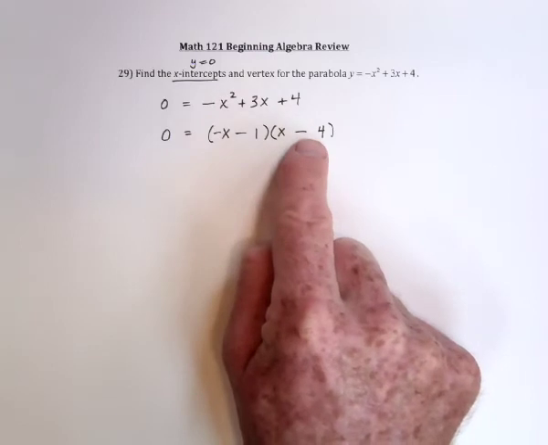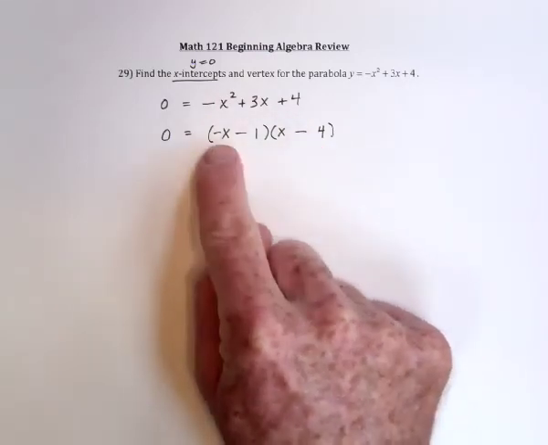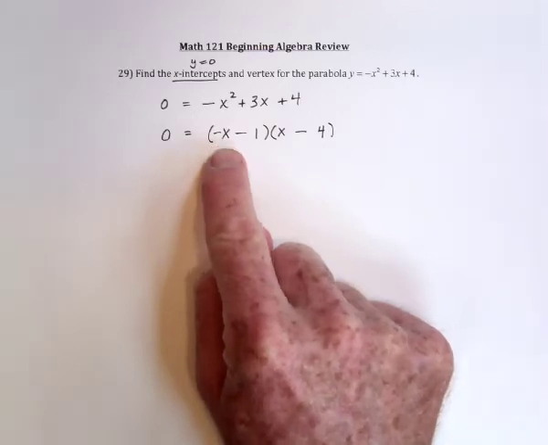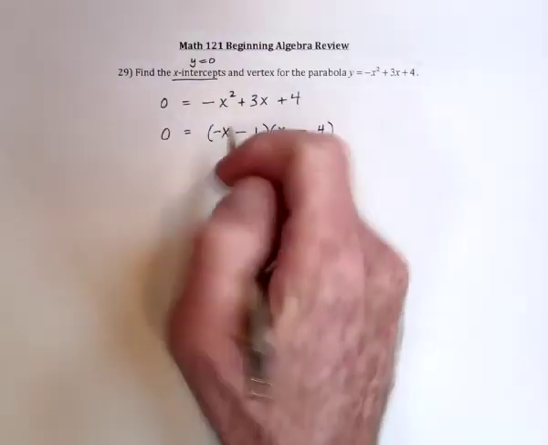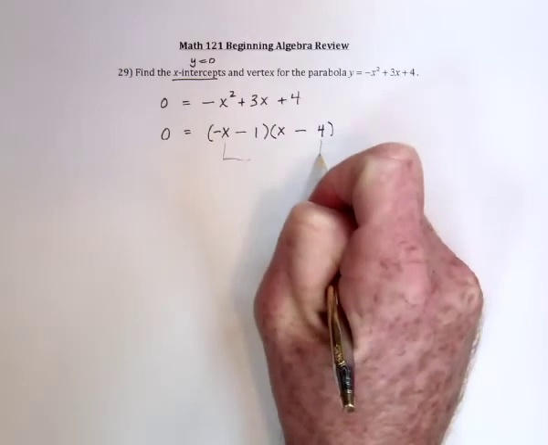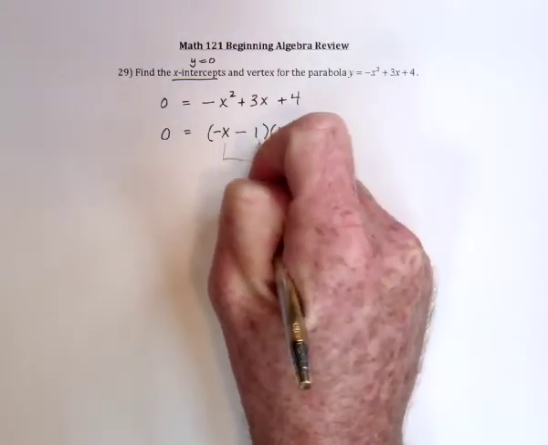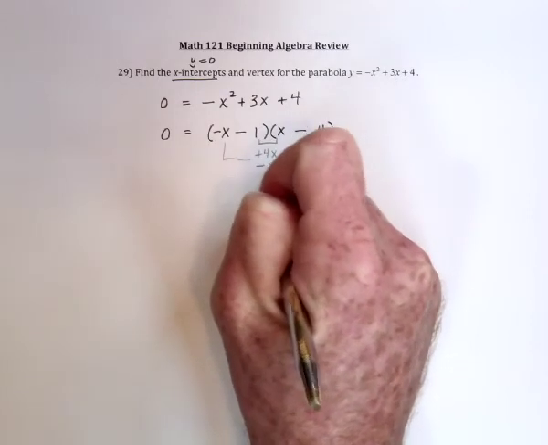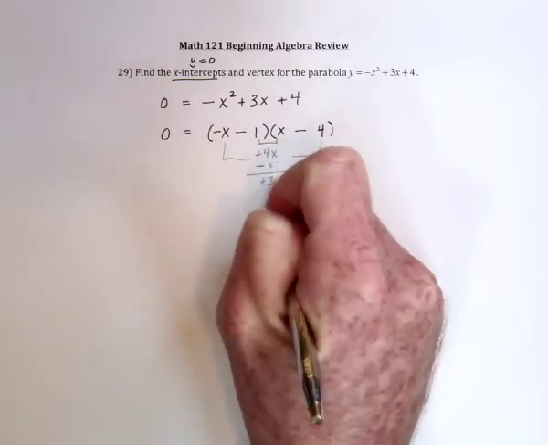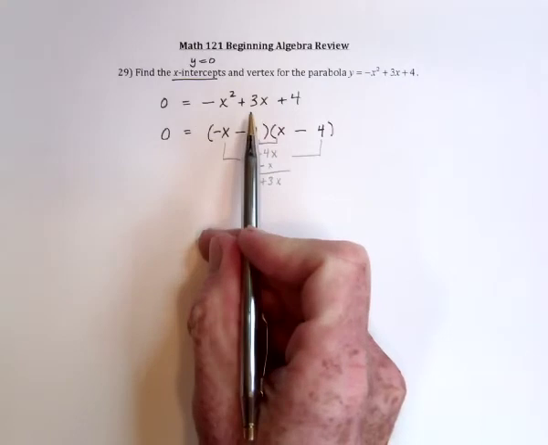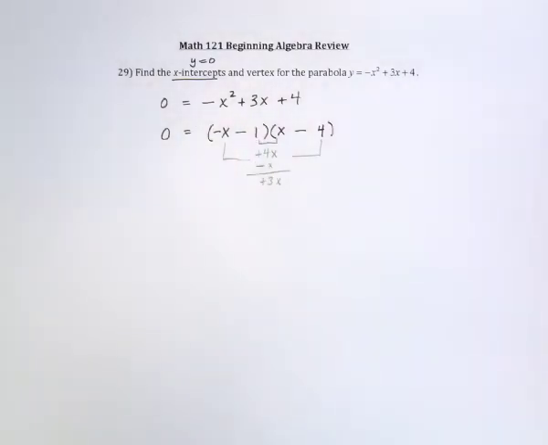And then when I do the FOIL, the outside one times the outside one is going to make a positive 4x. So this one and this one will be a positive 4x. And these two, when you multiply them, will be negative x. And so that leaves a grand total of positive 3x, which is exactly what it's supposed to be. Okay, so it's been factored.